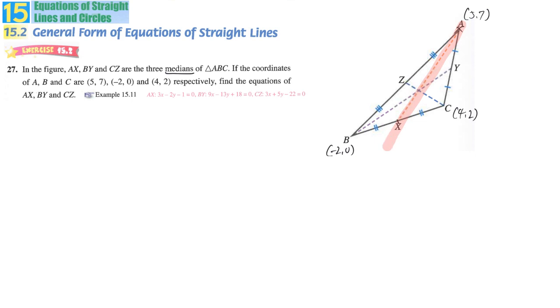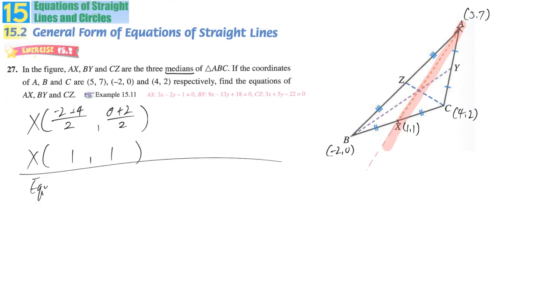So our first mission is to find X, which is the midpoint of B and C, so the average of their x coordinates and the average of their y coordinates. We get this point is 1 and also 1. So now we have two fixed points on this line, which is enough for us to find the equation of the straight line AX.